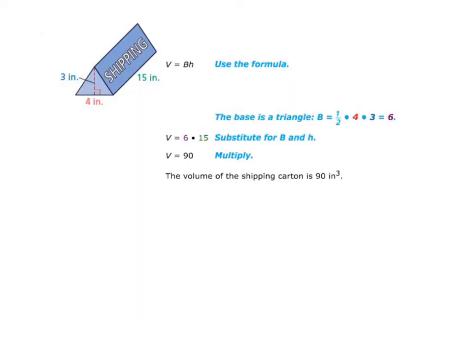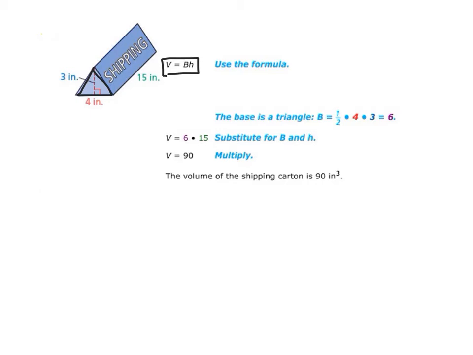In that first example, with the cereal box, the face of the cereal box is a rectangle. So we just used length times width and multiplied it by the height to find the volume. This figure, however, is a different kind of prism, and it's got a triangular face. So if we want to find the area of this triangle, we have to do a little more work. We're still going to use V equals BH, only B might need another step.